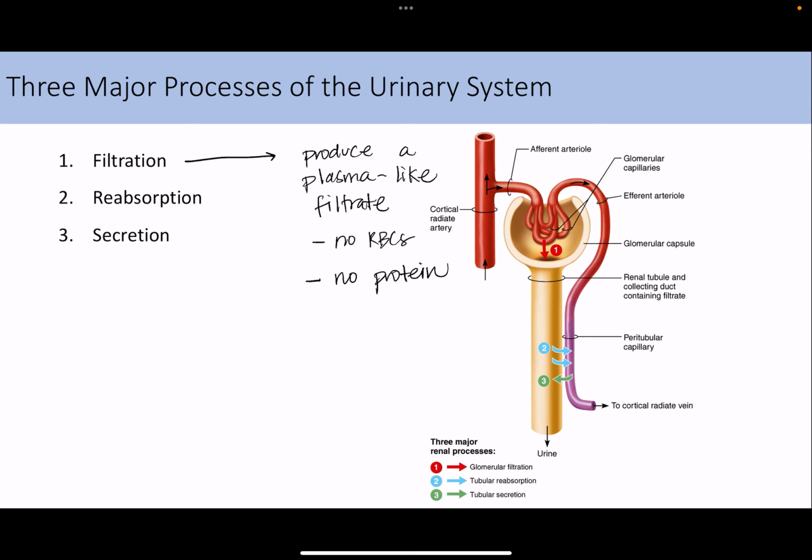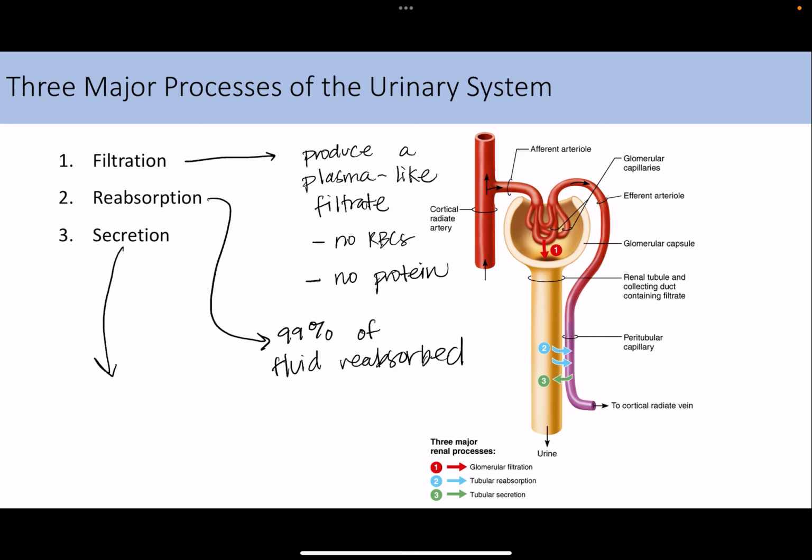All right. Reabsorption, again, this is where 99% of the filtrate is reabsorbed. And then secretion is about removing things from the blood that we don't want.